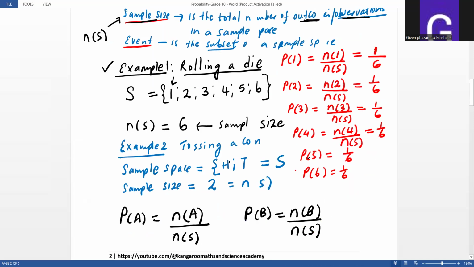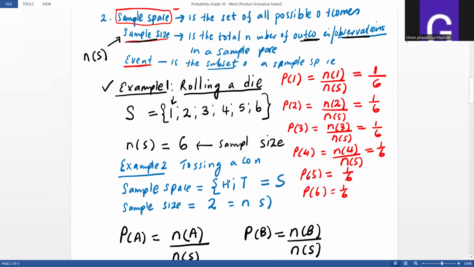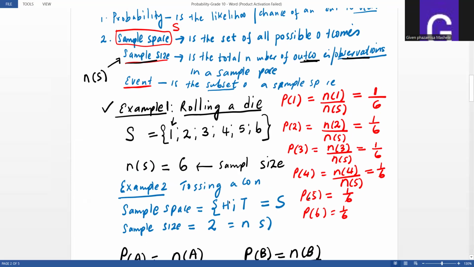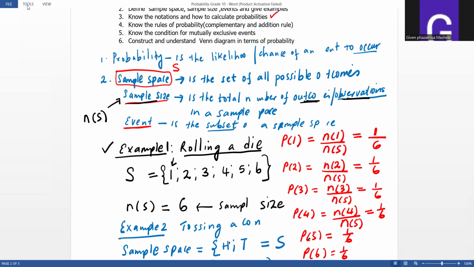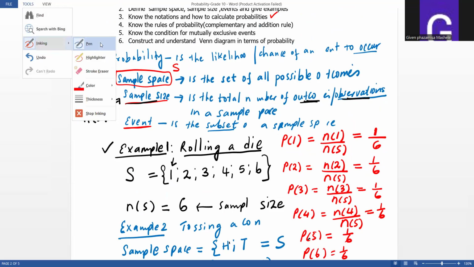But from the same question, what if now I wanted to know the probability of a die landing on an even number?